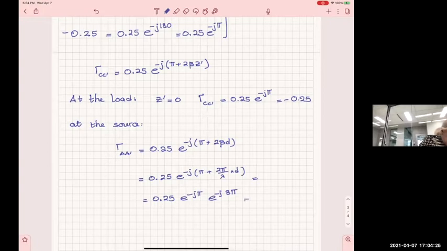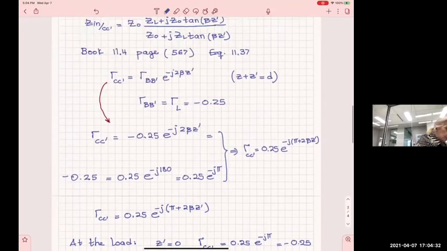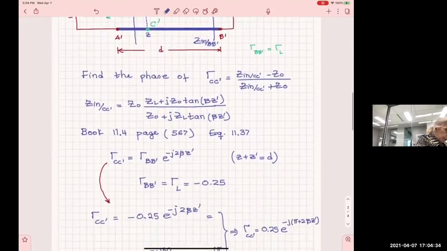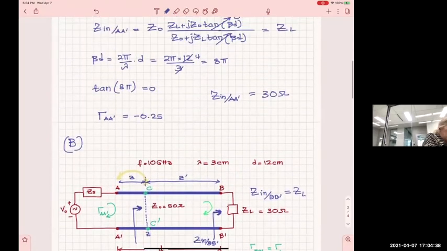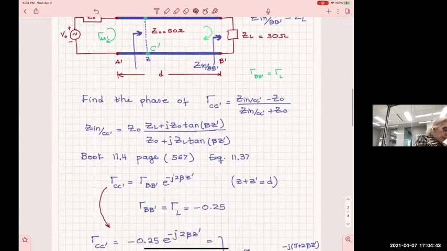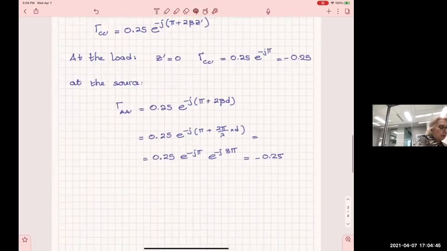So that's going to give me exactly what I found before, 0.25. All right? So that's how we solve that part of the problem.